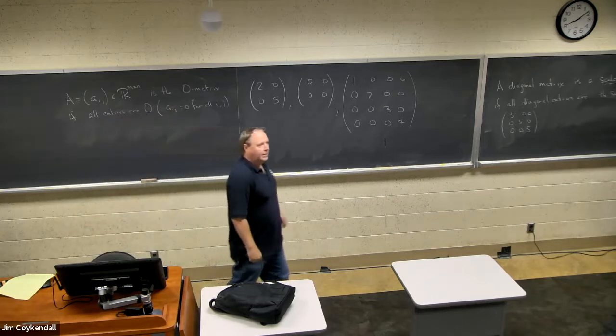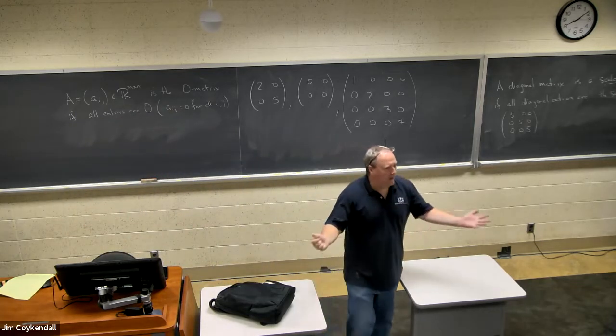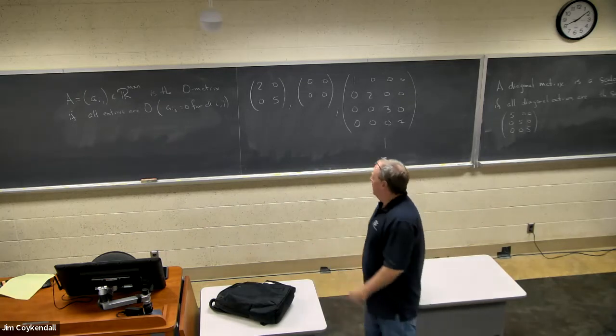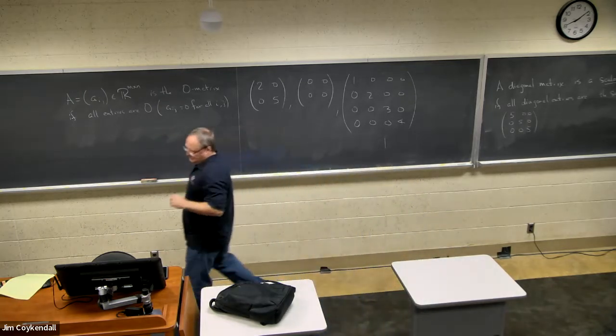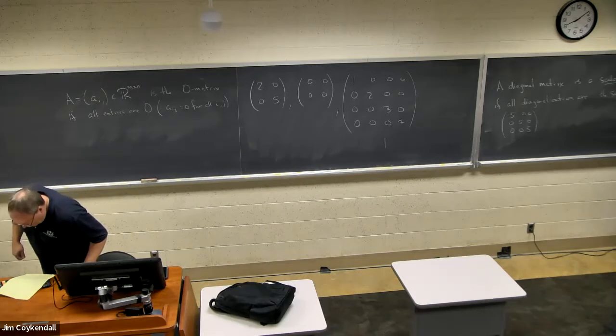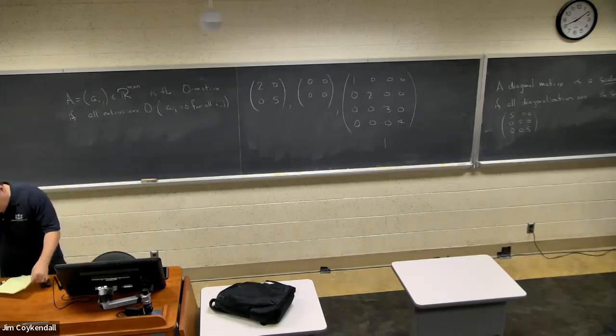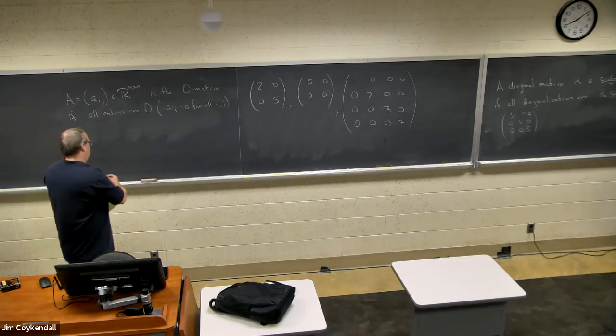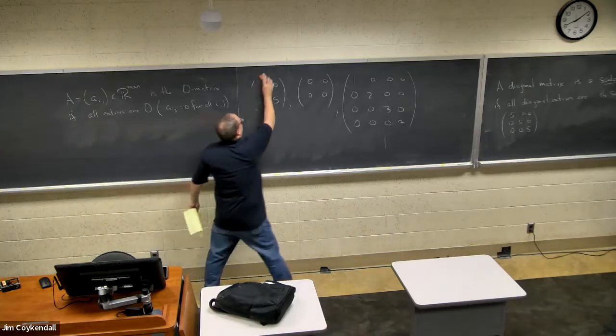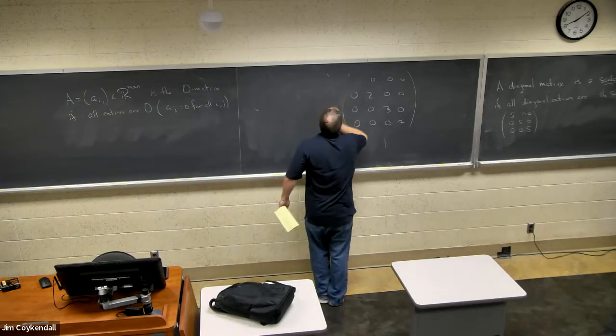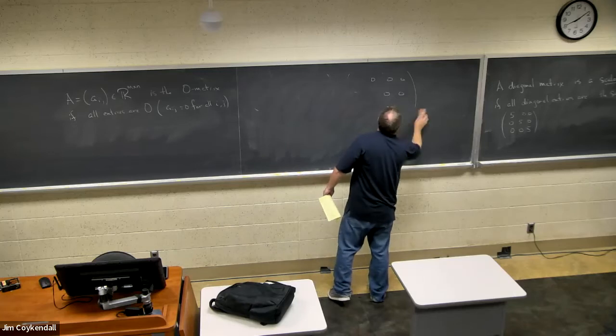What a shocker, right? We call the matrix the zero matrix if all its entries are zero. And I'm going to say something else that I hope is rather obvious.